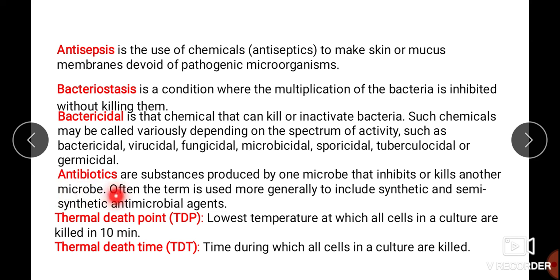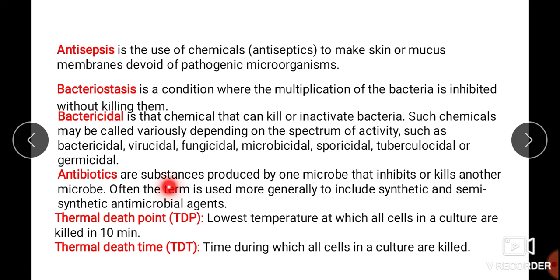Antibiotics. Antibiotic substances are substances produced by one organism, and these substances inhibit or kill another microorganism. An example of an antibiotic: the first discovered antibiotic was penicillin.